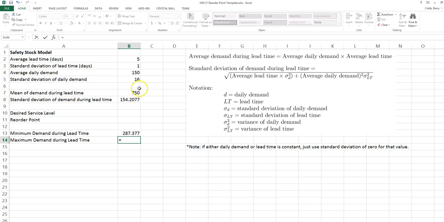The maximum that we would expect to see would be the mean plus 3 times the standard deviation. While it's possible to have a value below this minimum or above this maximum, this gives us a reasonable range just so we simply understand how much demand during the lead time period can vary.